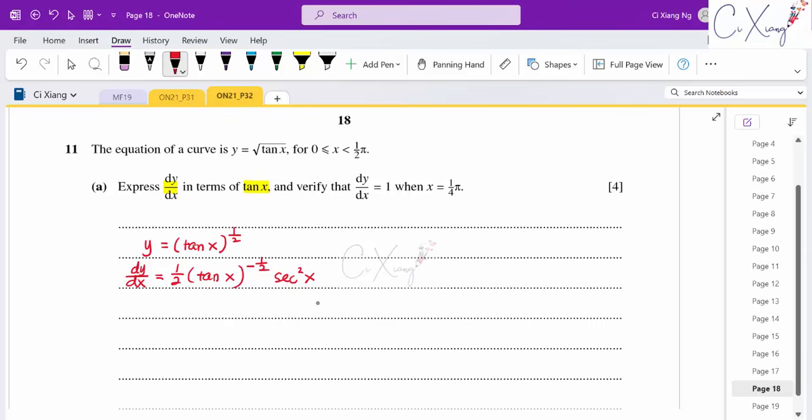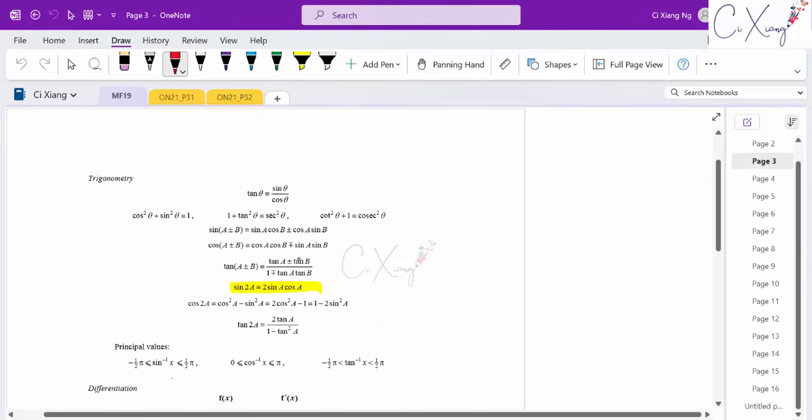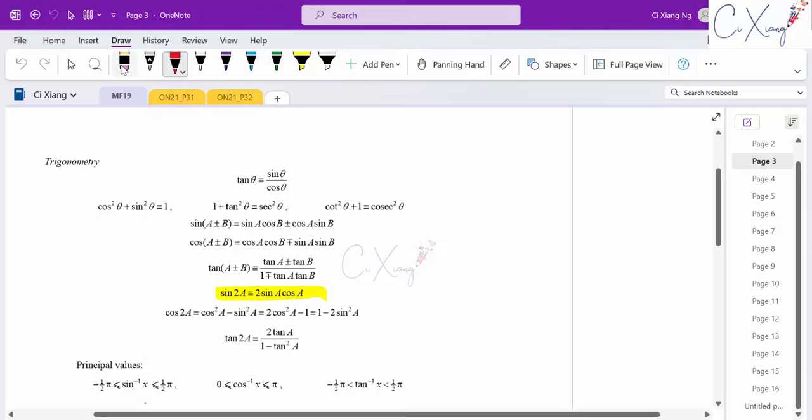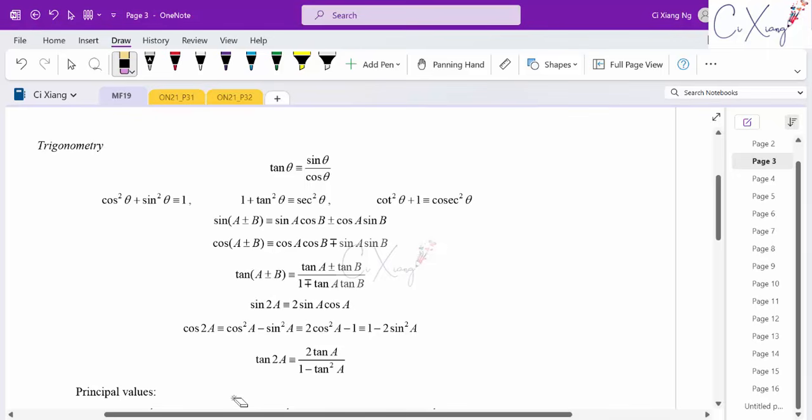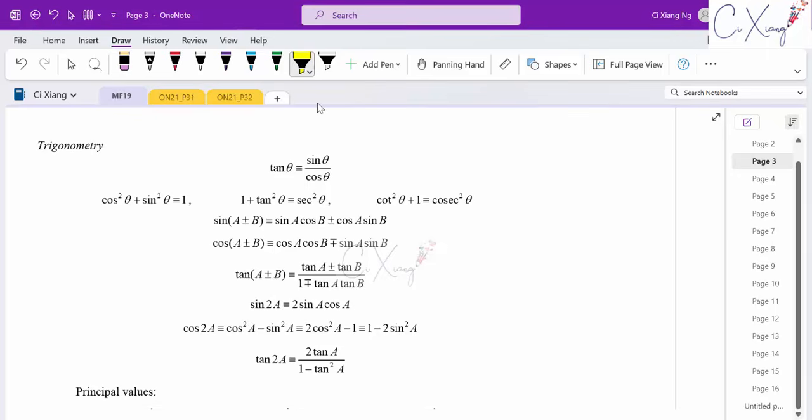So from here, you can see that I have completed my differentiation, but they want us to express dy/dx in terms of tangent x. Therefore, I have to change my secant square into something related to tangent. Again, if you can't remember anything that can be applied, you can refer to the trigonometric identities provided in MF19 and look for secant square and tangent.